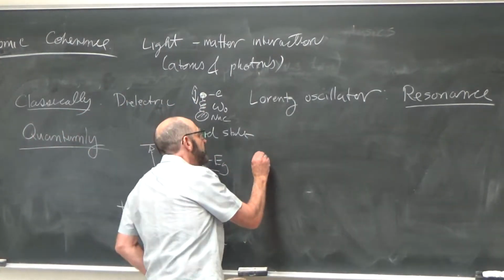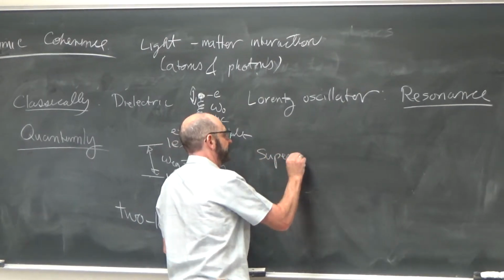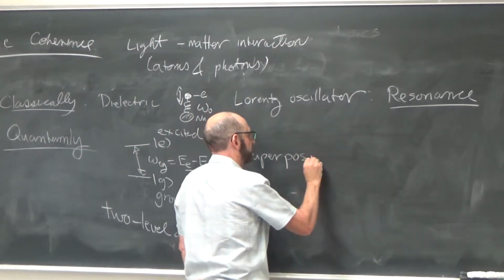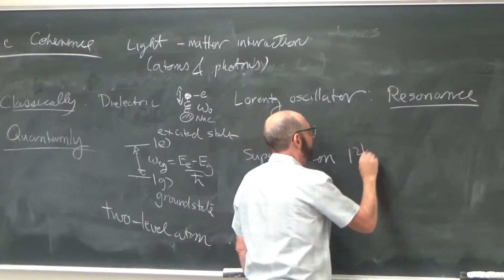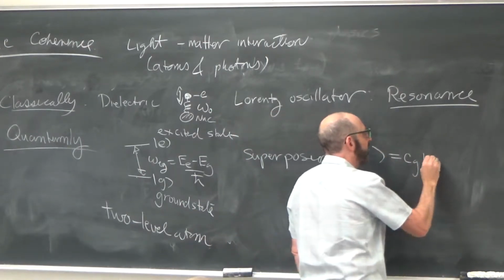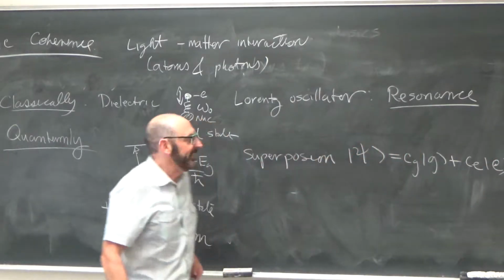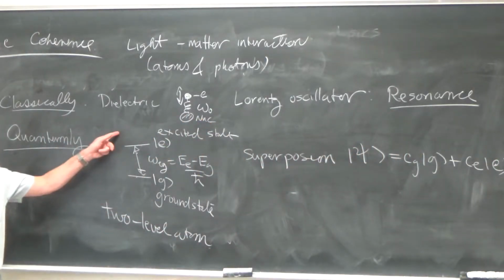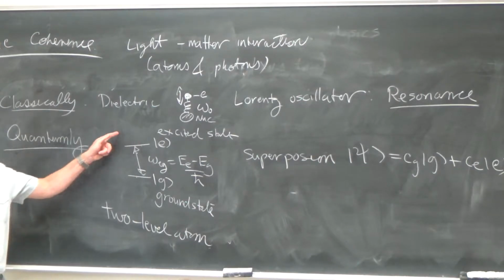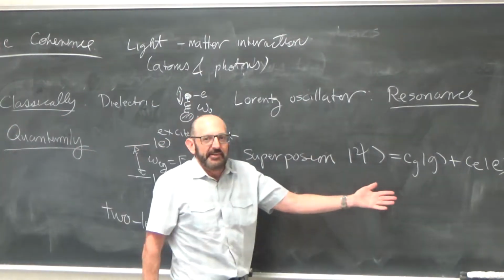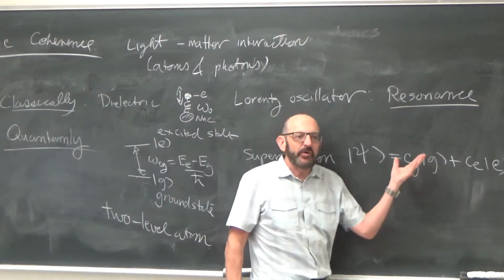In the sense of superposition, where I think about the creation of not a quantum jump between the ground state and the excited state, but instead a process whereby I create a superposition.